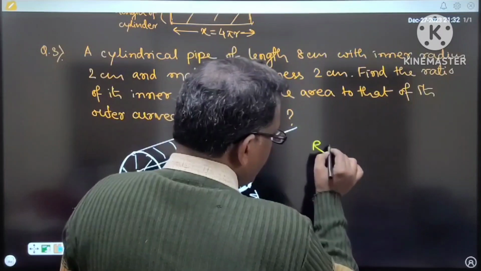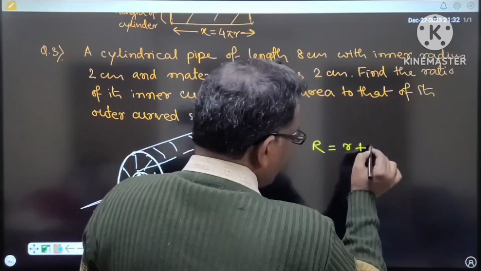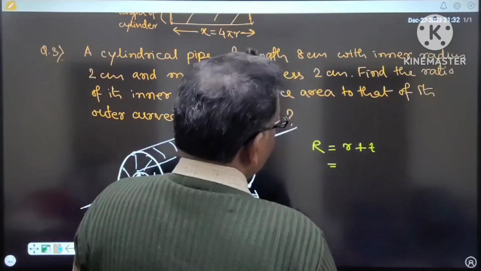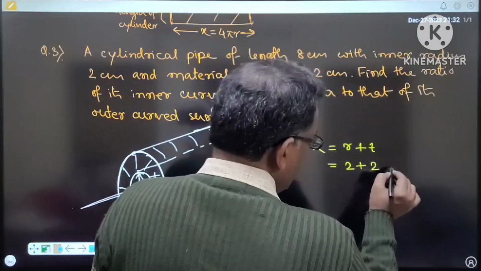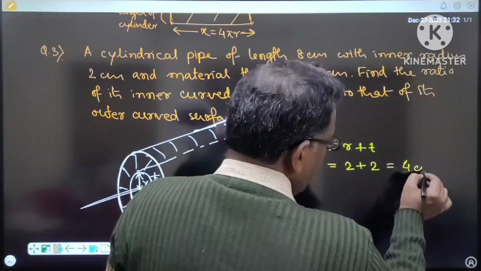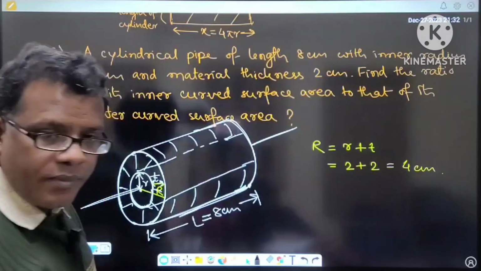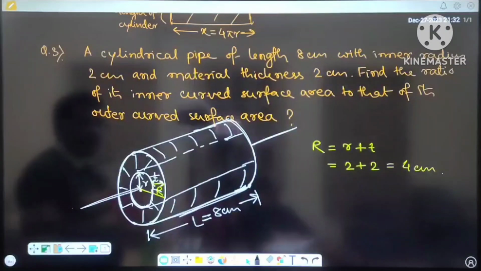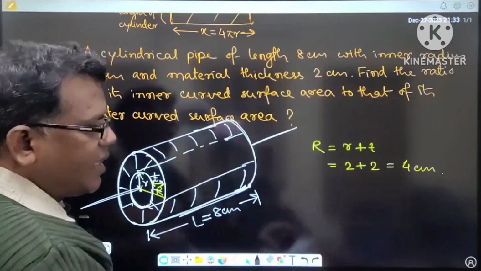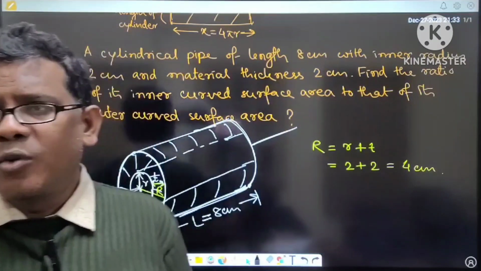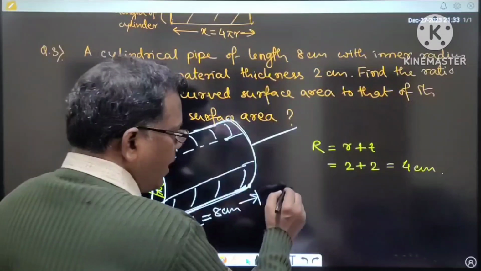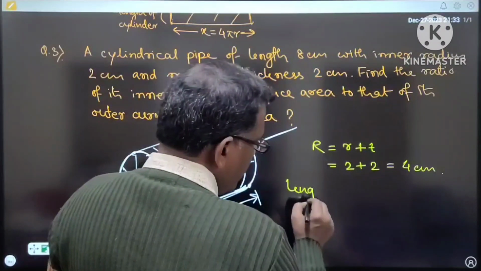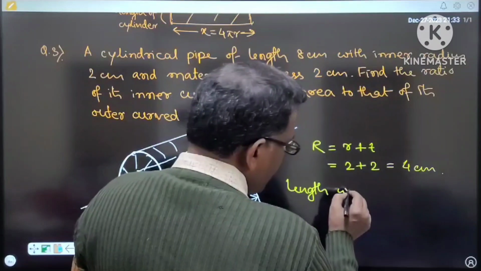So, outer radius will be inner radius plus thickness, right? So, inner radius is given 2 centimeter, thickness is also 2. So, that means outer radius is 4 centimeter, right? So lengthwise, either it is for inner surface or for outer surface, length will be same.